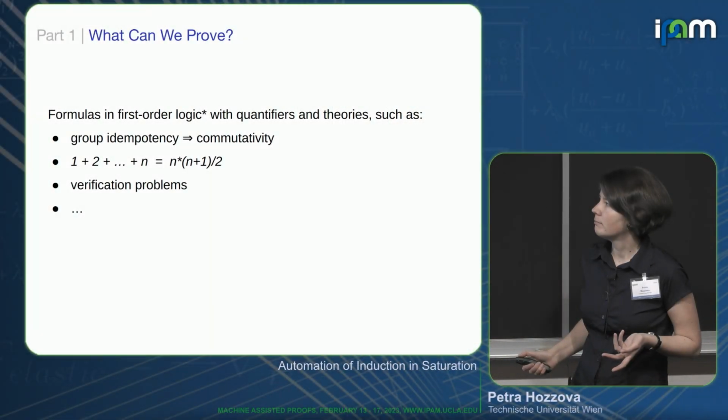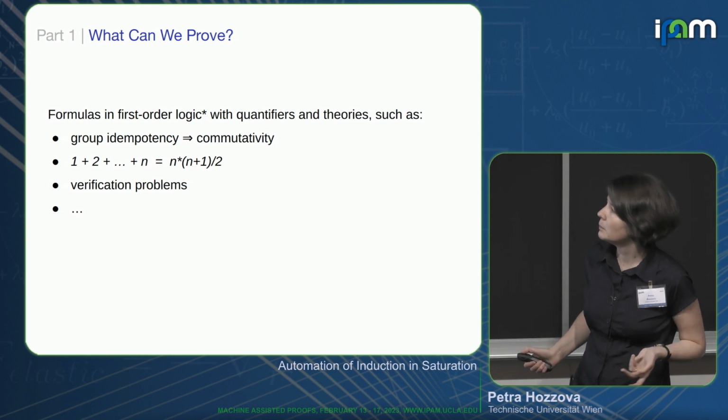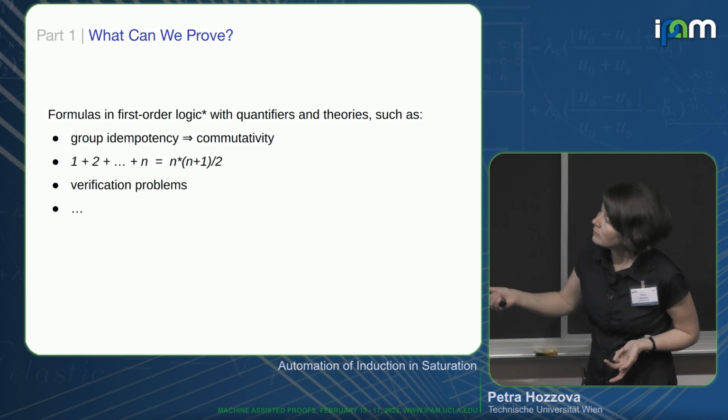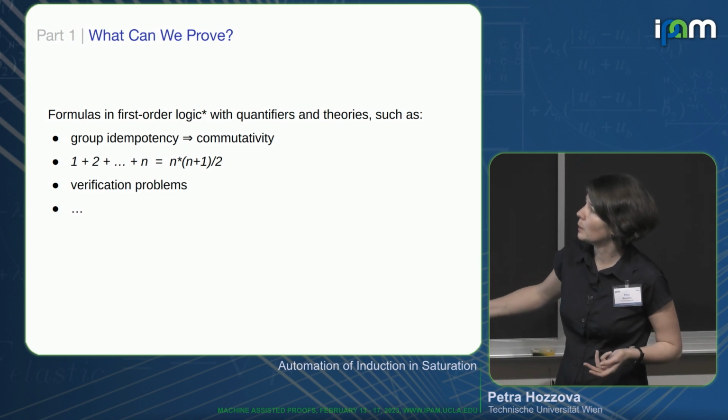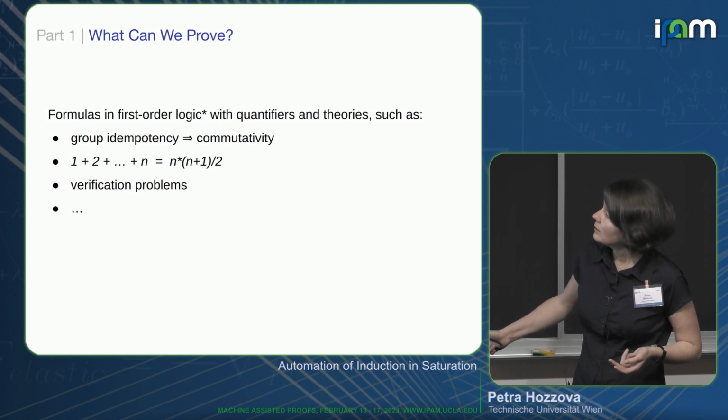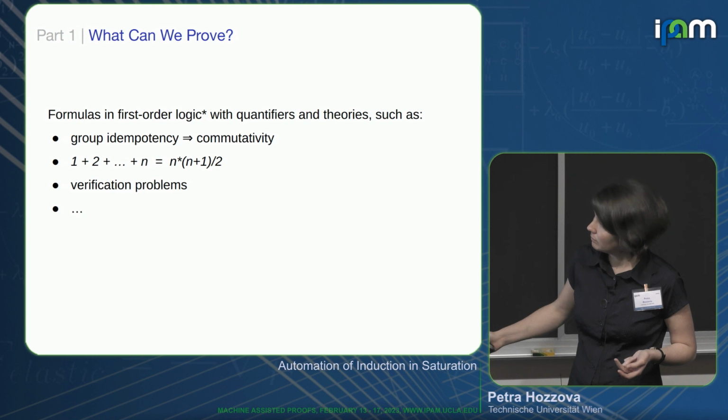We can prove some simple formulas, for example, saying that if we sum up the integers between 1 and n, then we will obtain the same result as the closed form formula for the sum.